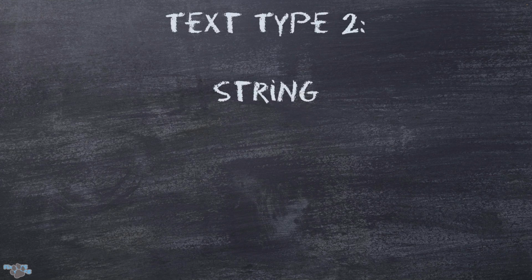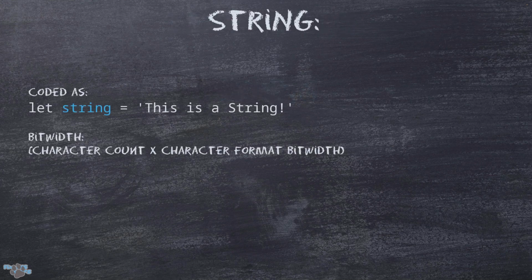The last text-based type is string, essentially a group of characters. So, its bit width is dependent on how many characters we have. This means it would be n times whatever our character format is, so the formula would be character count times format bit width.